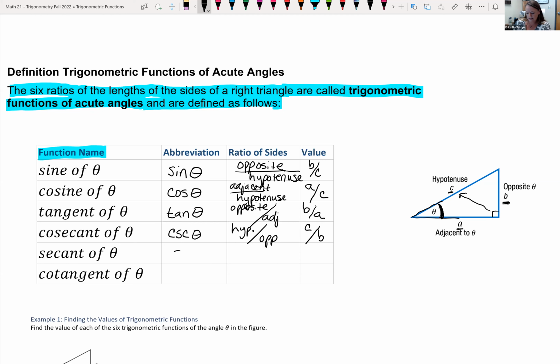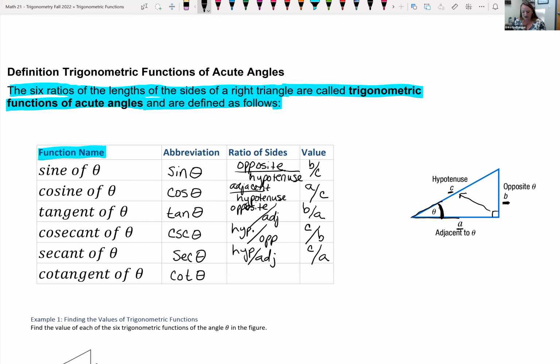Secant, abbreviated as SEC. Secant is hypotenuse over adjacent. So the hypotenuse is length C, all over the adjacent side, which is A. Cotangent theta is denoted as COT theta.